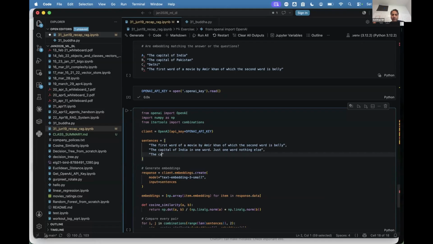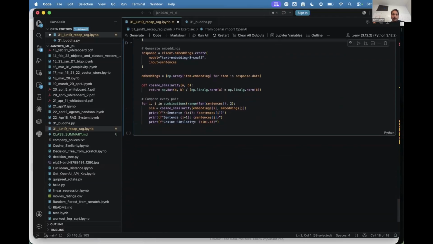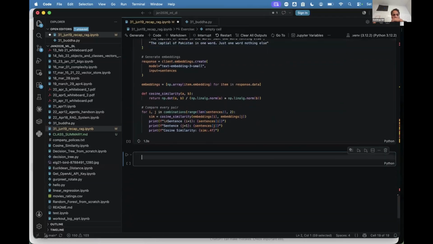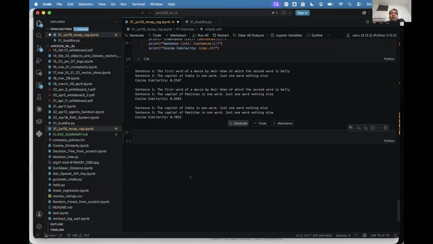Okay. The capital of Pakistan in one word and nothing else, right? Everything else I'm keeping the same. Let's see. All right. So it's actually not what I was thinking.